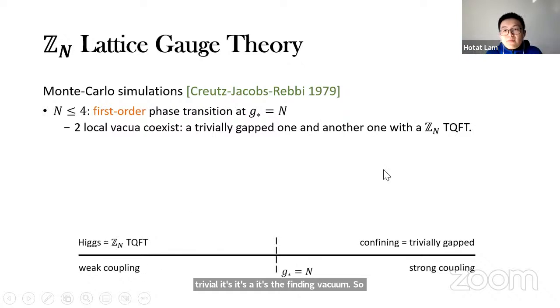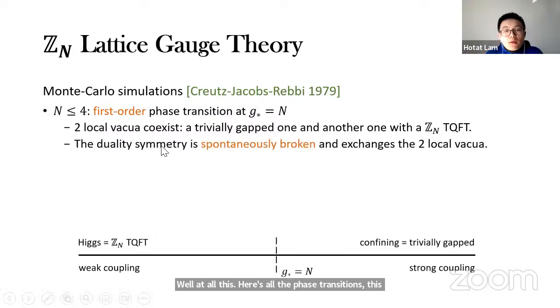The other is the Higgs vacuum, which has a Z_N TQFT. At this first order phase transition, these two vacua exchange. So the duality symmetry is actually spontaneously broken: it exchanges the two vacua. This matches one of the scenarios we discussed, constrained by the duality symmetry-enforced gaplessness.